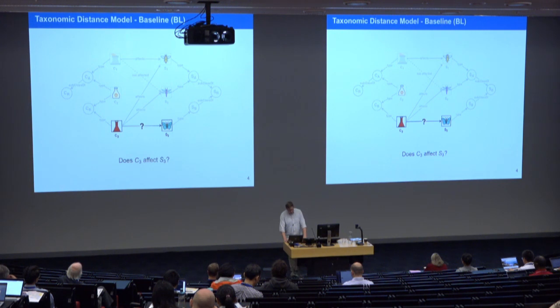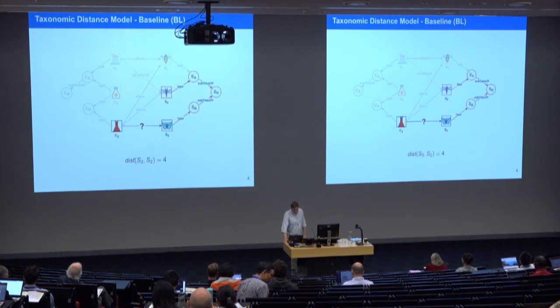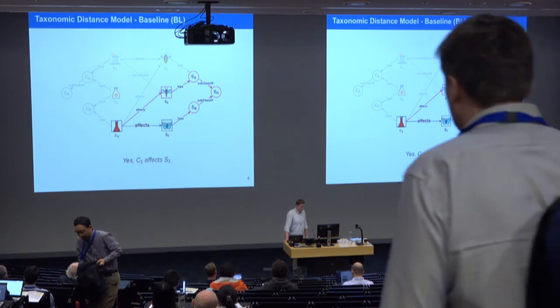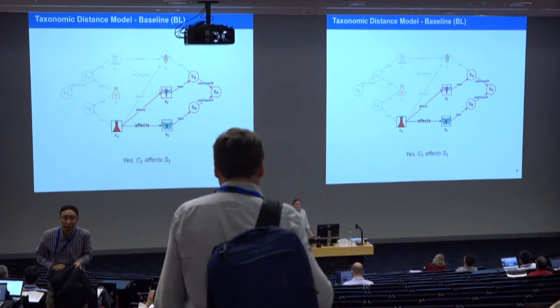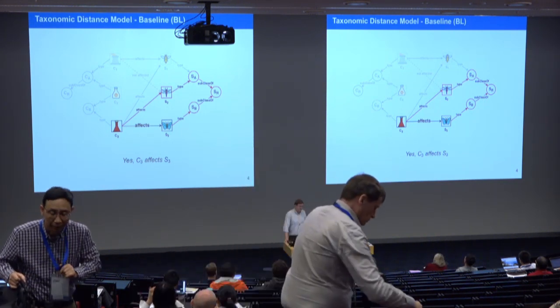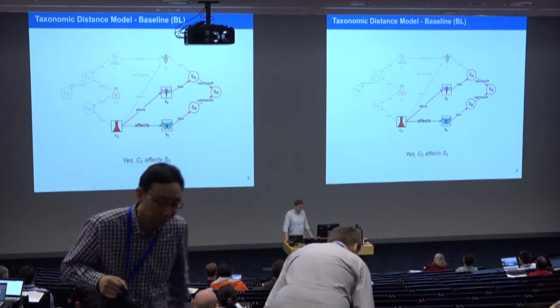So for example, we want to figure out this: does chemical 3 affect species 3? And then we can find the closest species which has data attached to it, which is species 2. And then we figure out that, yes, it affects species 3. This is a very simple model, but it's one that's proposed to be used by researchers at the Norwegian Institute for Water Research.